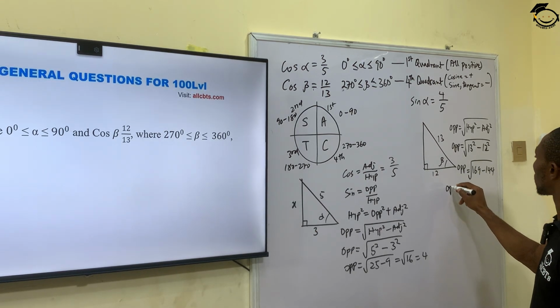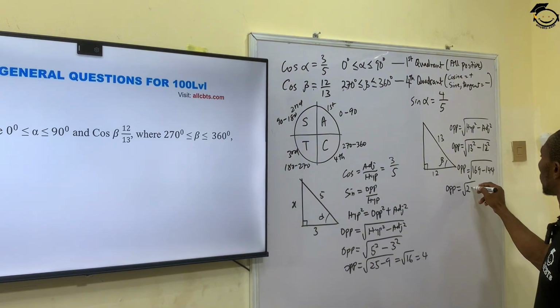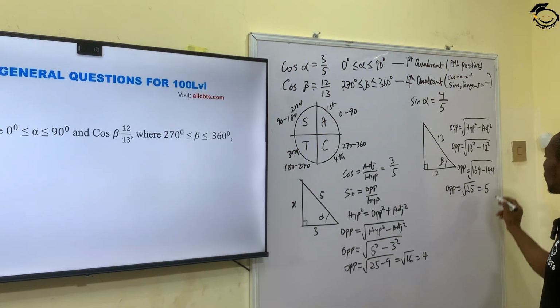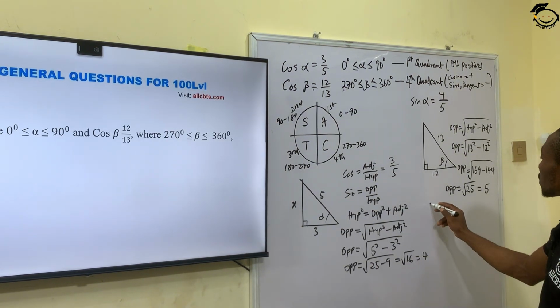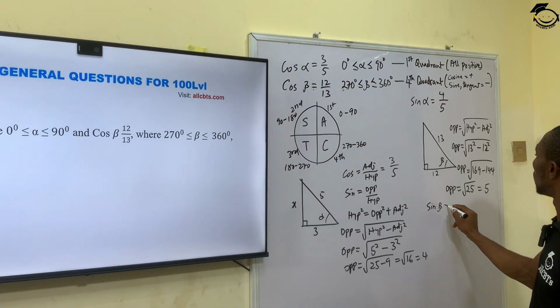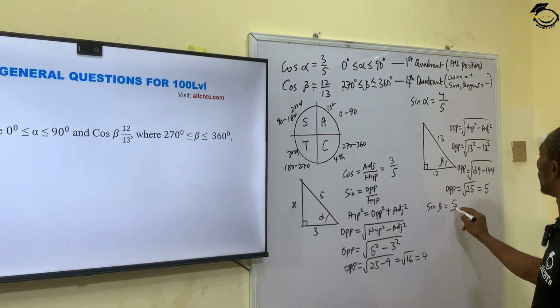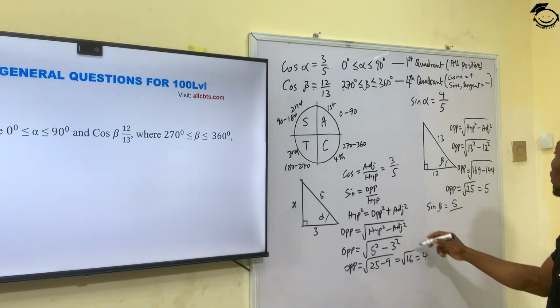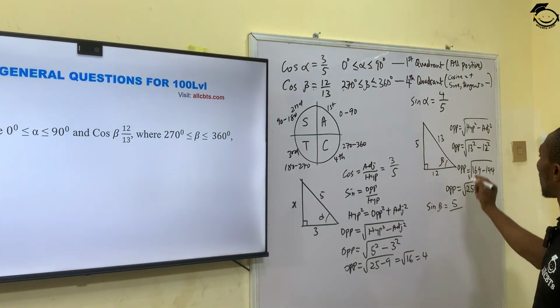So our opposite will be the square root of 25, which gives us 5. So our sine beta will become opposite over hypotenuse, 5 over 13.